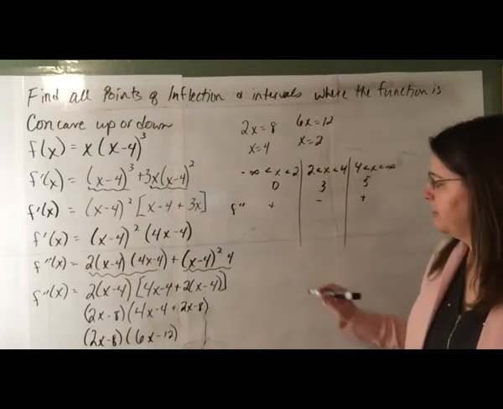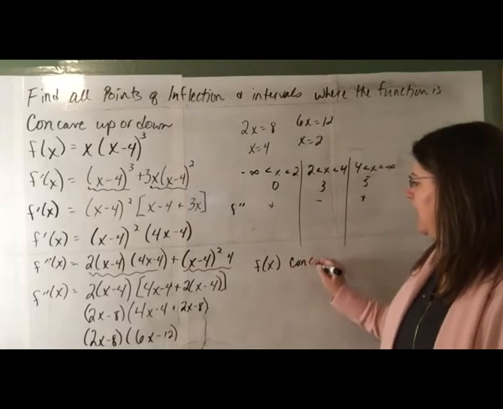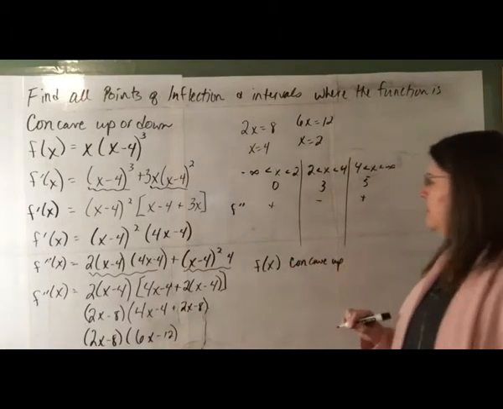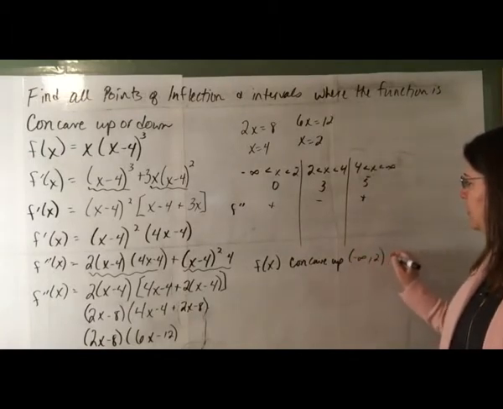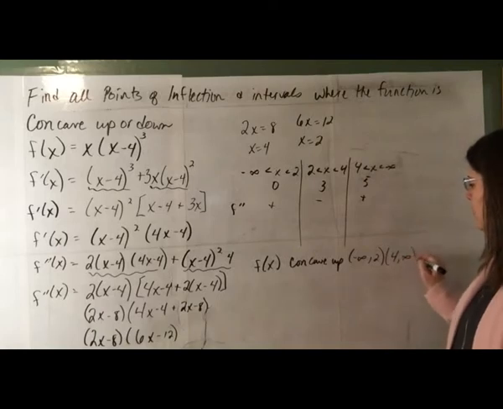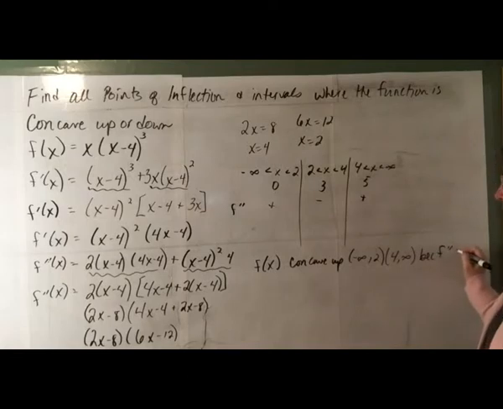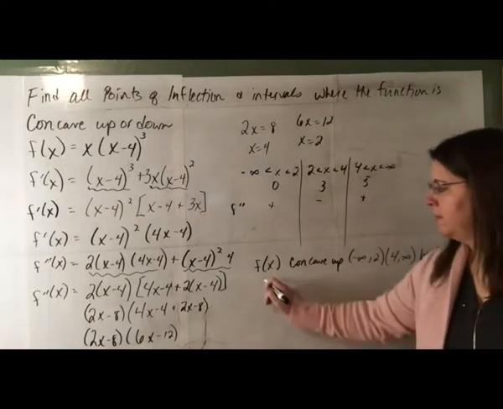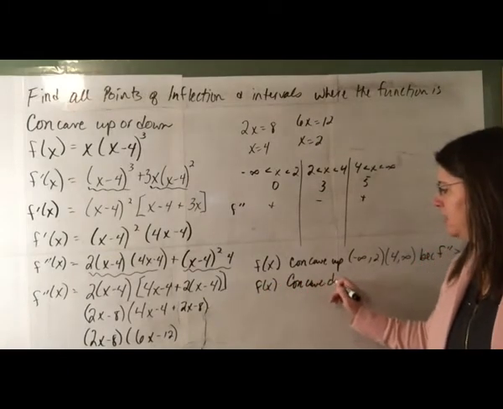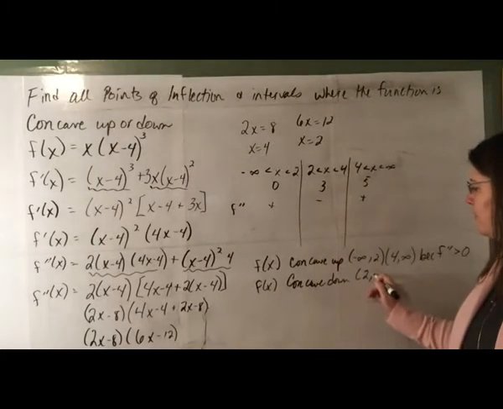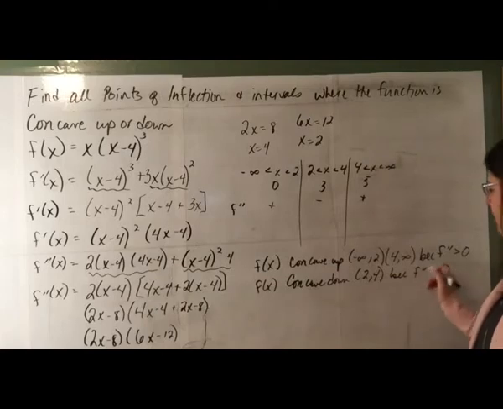So this function, f of x, is concave up on the intervals negative infinity to 2 and 4 to infinity, because f double prime is greater than 0. f of x is concave down on the interval 2 to 4, because f double prime is less than 0.